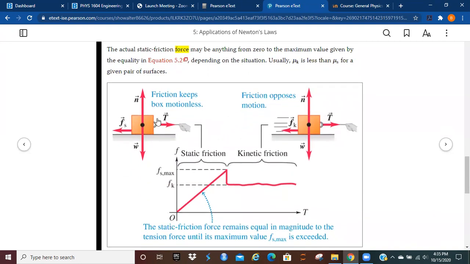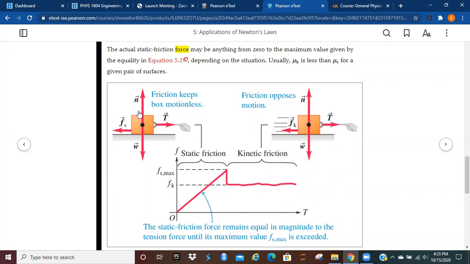In other words, if you have friction here, which is going to keep the box motionless, and you start tugging on it, the friction is going to oppose that particular change in its acceleration.